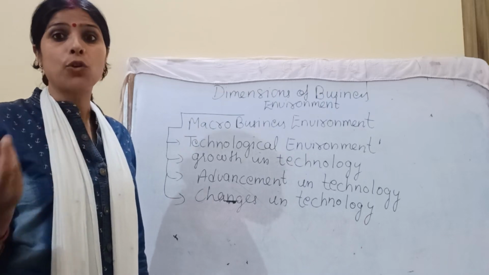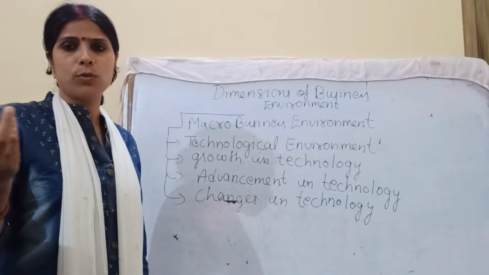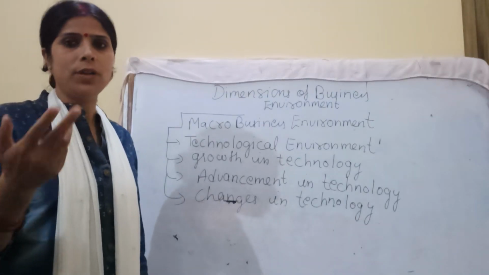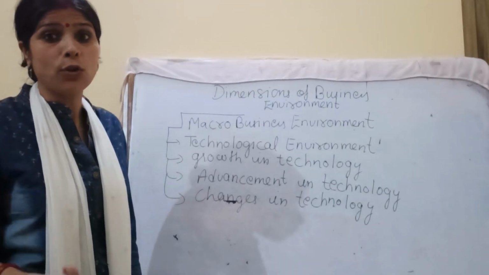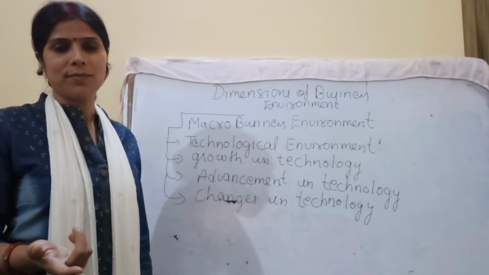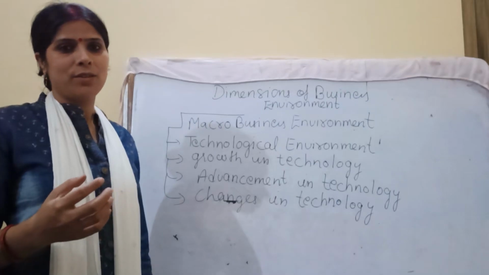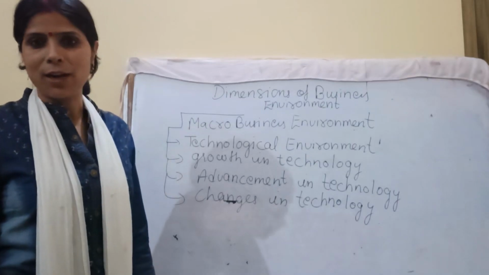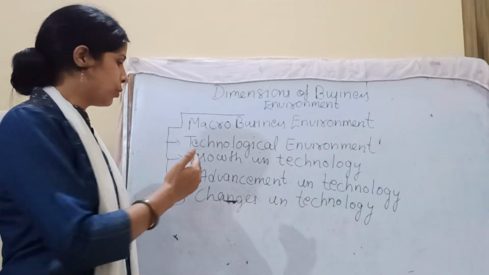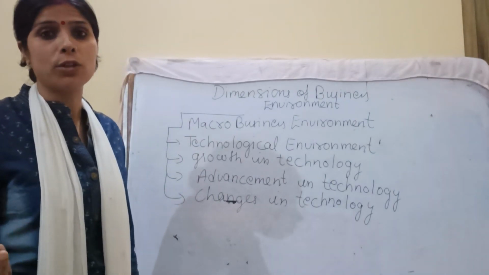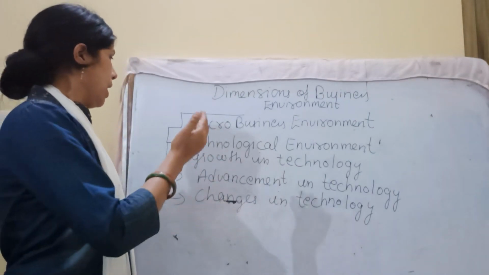We are having Android mobile, and in almost every house people are having Android mobile, and we are successfully using this technology. Otherwise, we would be sitting like that only if there was no technological advancement. So this is the best example of technological advancement.